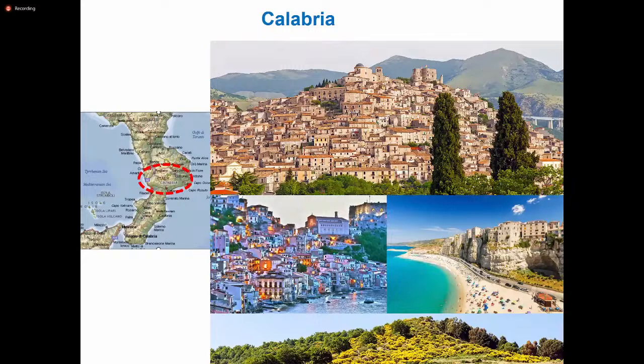Calabria is located in the south of Italy. It's very well characterized by its natural beauty, as you can see. As previously said, I'm happy to welcome you all if you'd like to visit Calabria, for research or for any other purposes, to this beautiful region.